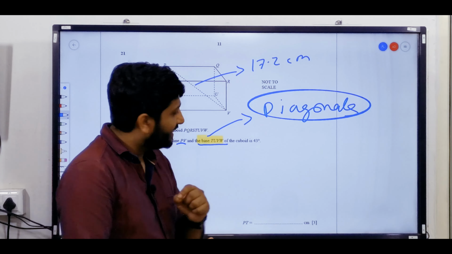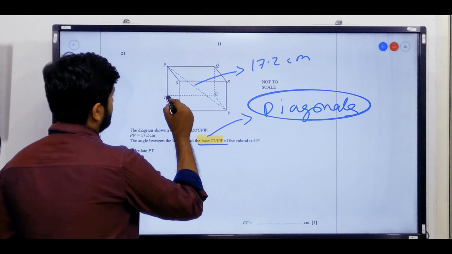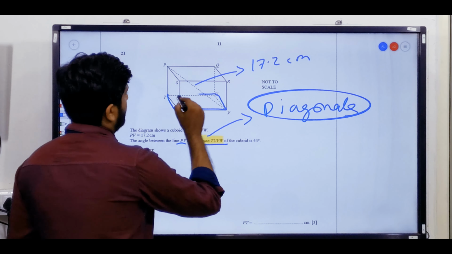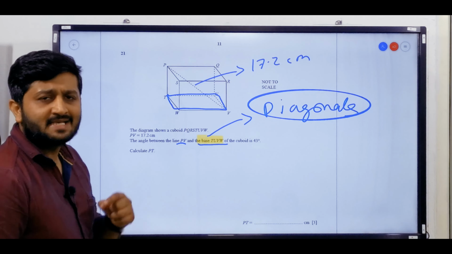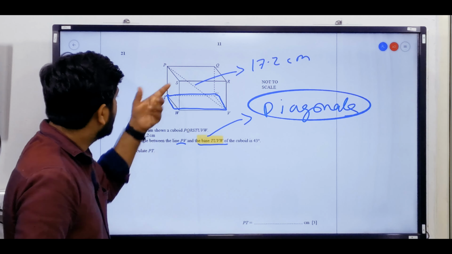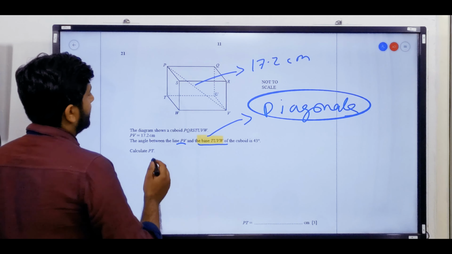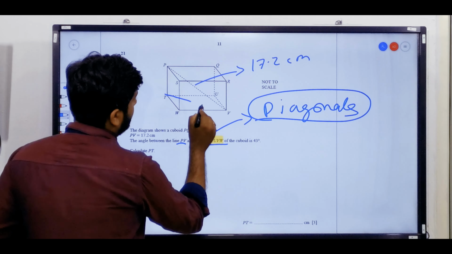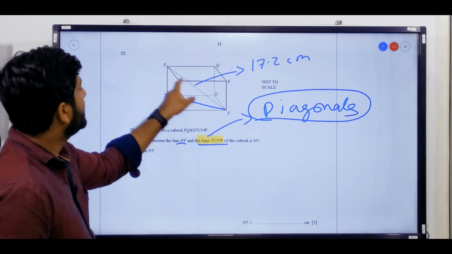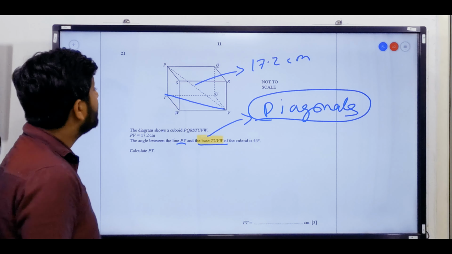Let us try to find out in this base which diagonal is meeting the line PV. See here, my diagonal TV will meet the line PV.